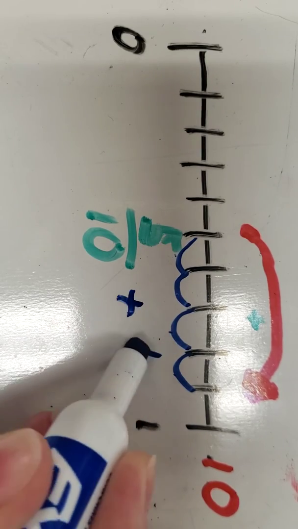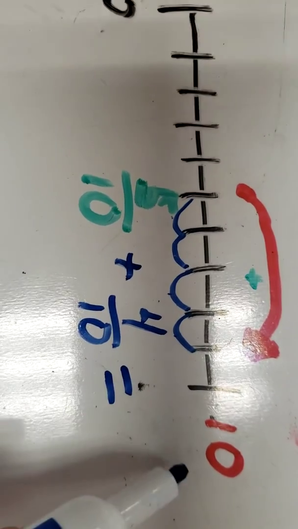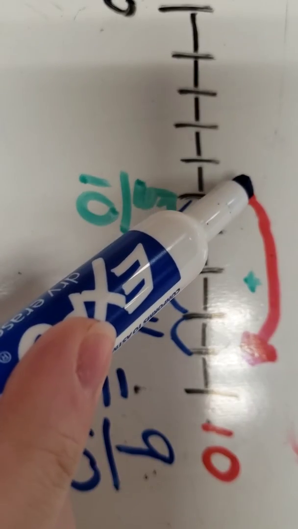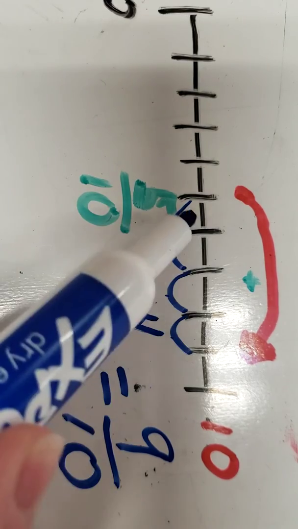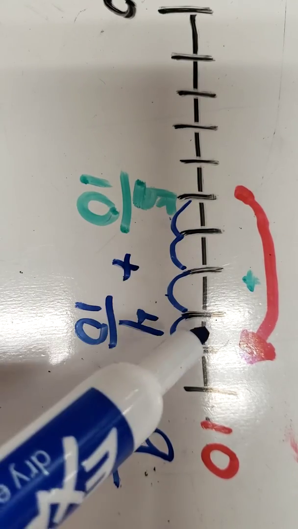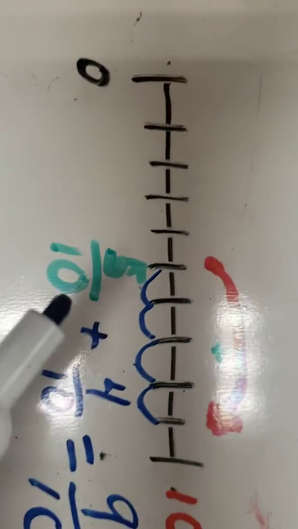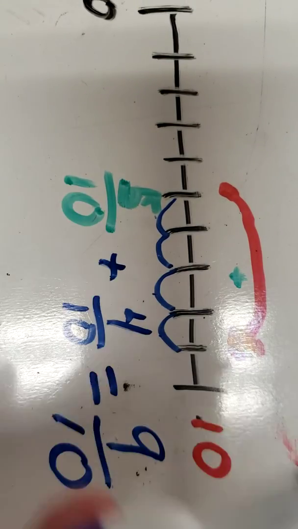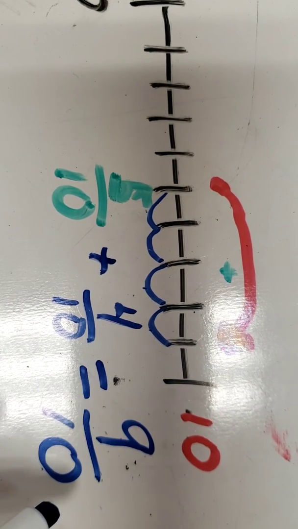So it's 5 tenths plus 4 tenths, and that is going to equal 9 tenths. So wherever the arrow starts is my first number. Then I count the spaces, or the next amount of tenths, or eighths like it was up here, or a different number like you're going to see in the next problem. That's how many tenths or eighths, or whatever the denominator is, that I add up, and I put it over the denominator again.